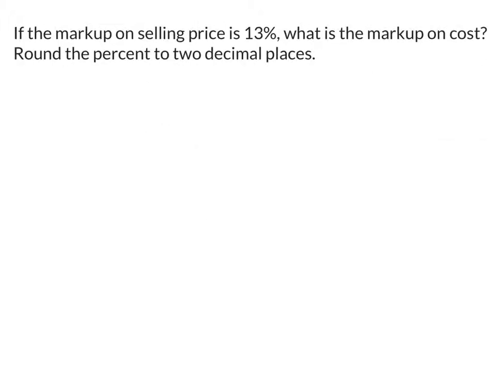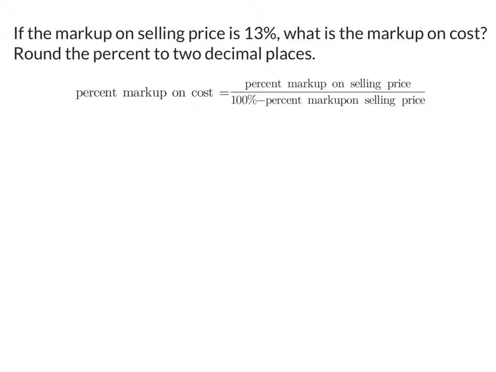If the markup on selling price is 13%, what is the markup on cost? Round the percent to 2 decimal places. For this problem, we're being asked to convert the percent markup on selling price to the percent markup on cost. So we're going to use the following formula.